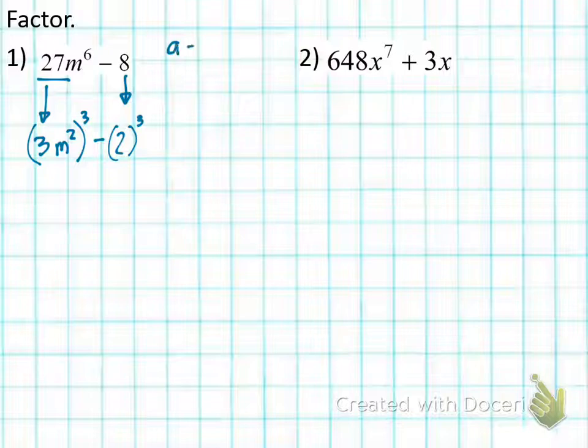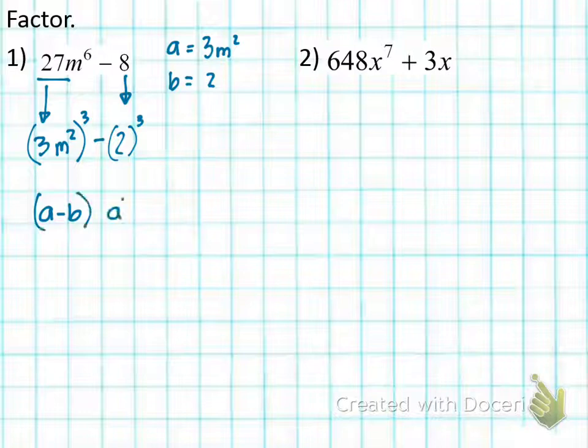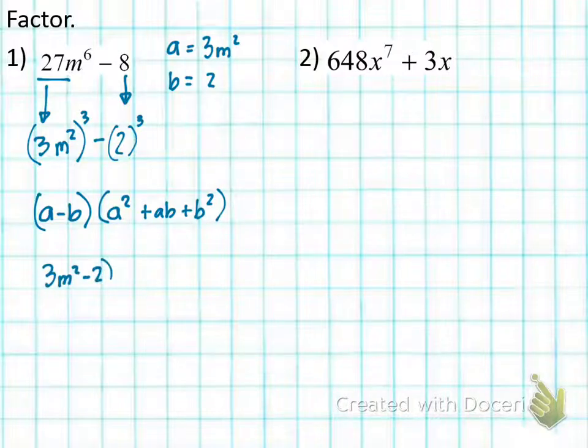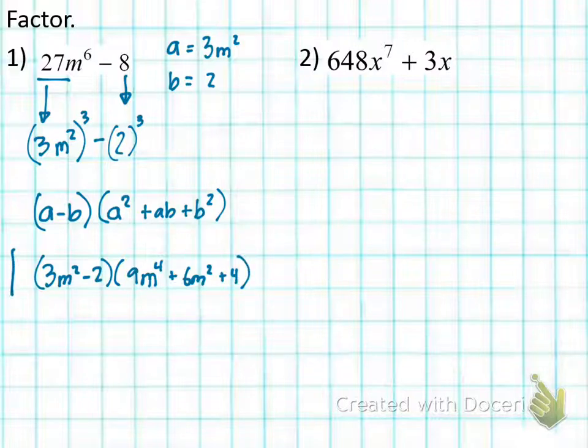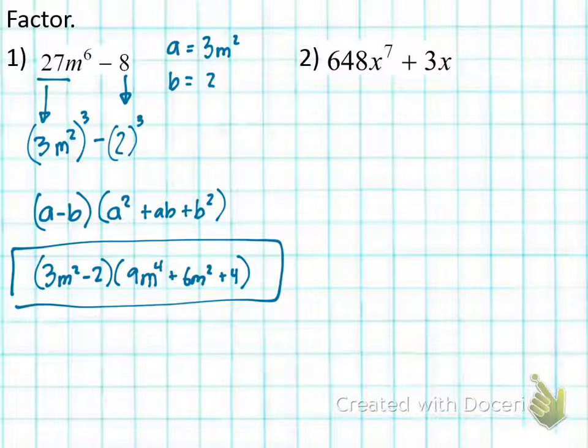So a is equal to 3m squared, b is equal to 2, and then I just used the form we learned yesterday: a minus b times a squared plus ab plus b squared. And then you just substitute. Writing it down, 3m squared minus 2, times 9m to the 4th plus a times b, which is 6m squared, plus b squared, which is 4. So that's number 1. Pretty simple, just a little bit bigger today.